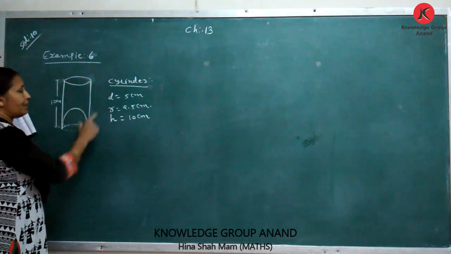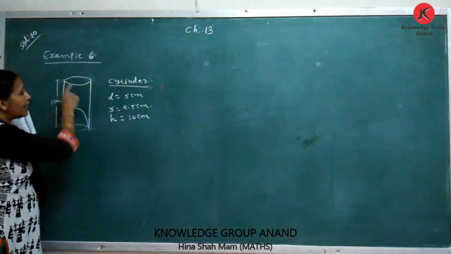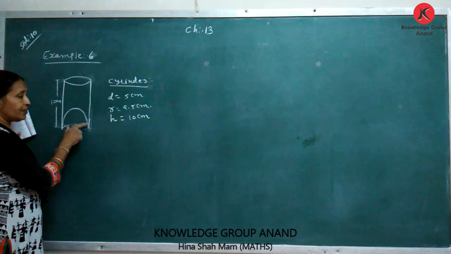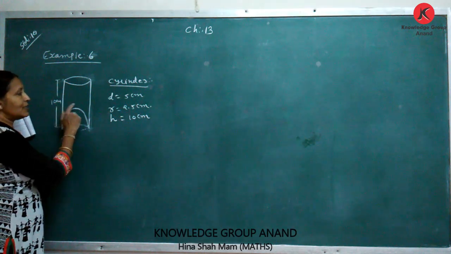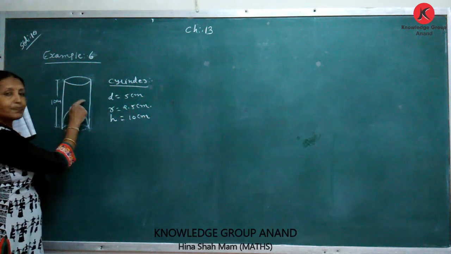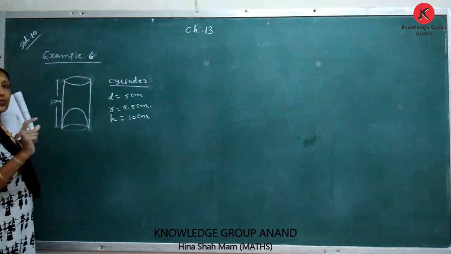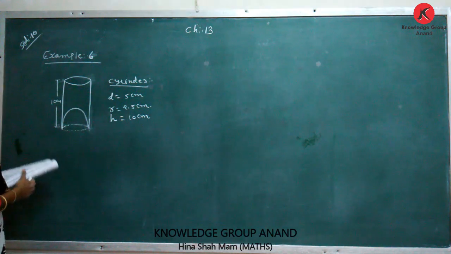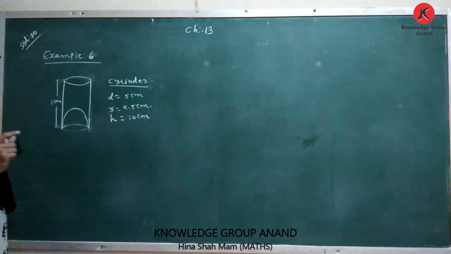Actual capacity, that means actual capacity is a cylindrical glass. Then actual capacity is equal to volume of cylinder, formula pi r square h.